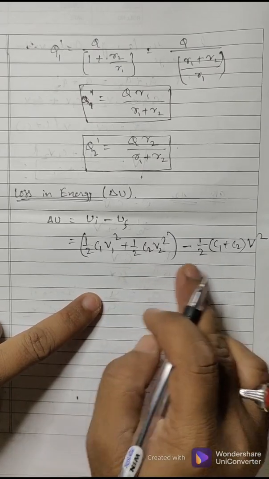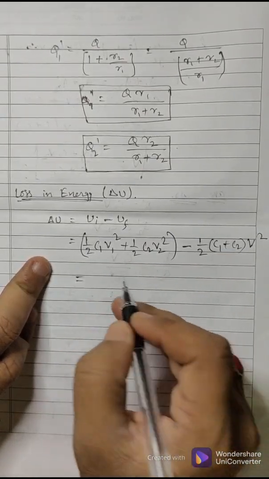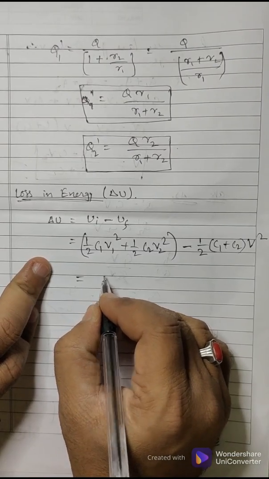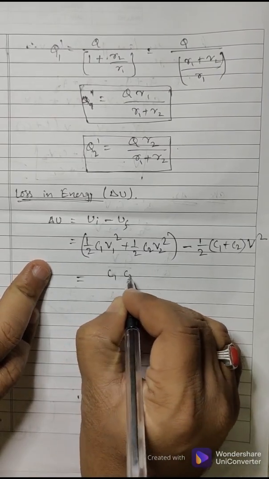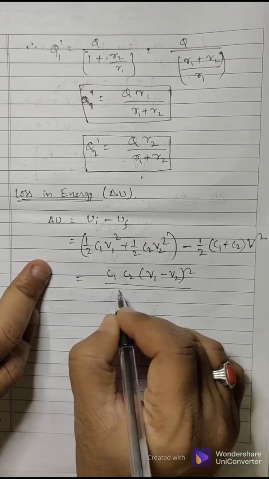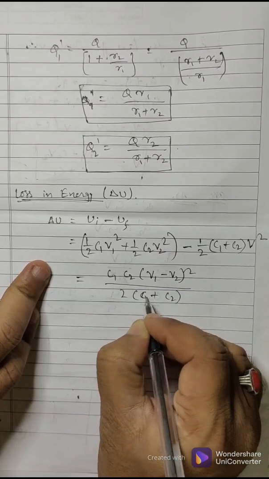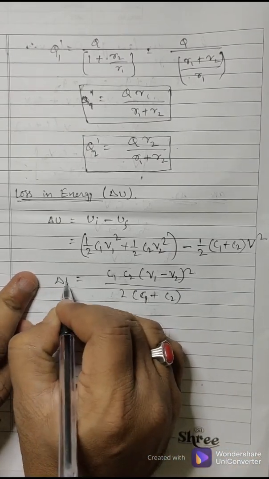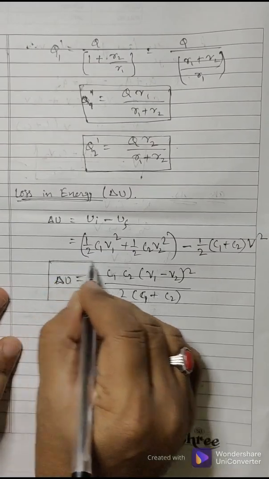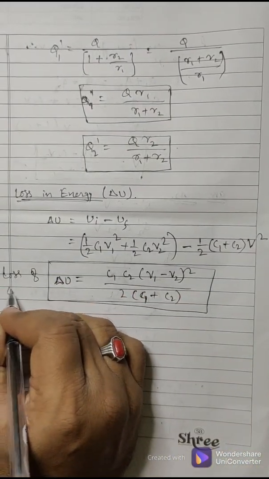After rearranging this, we get the final expression C1 C2 (V1 minus V2) whole square divided by 2 (C1 plus C2). This is called loss of energy.